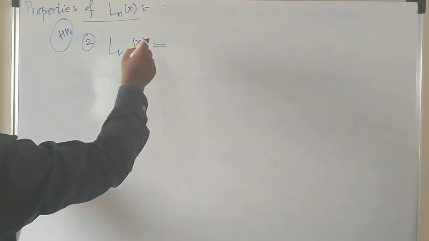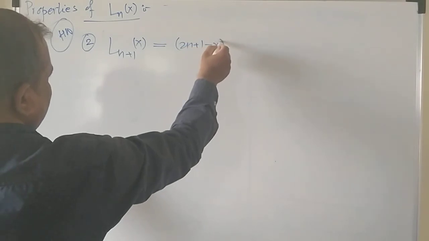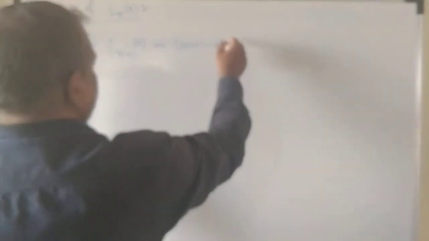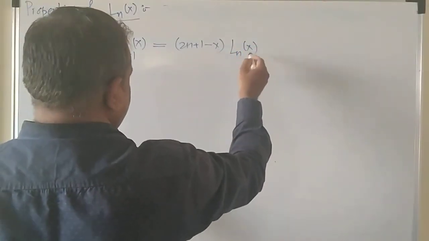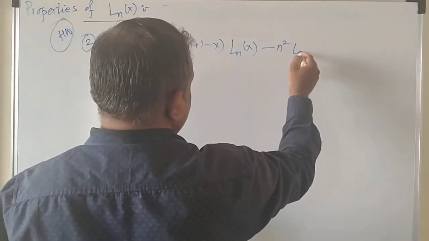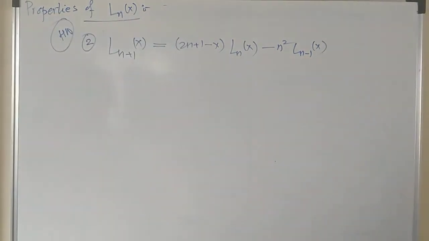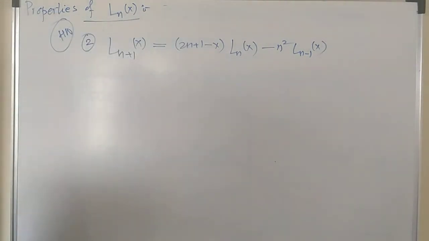Property number 2: L_{n+1}(x) is equal to (2n+1-x) L_n(x) minus n squared L_{n-1}(x). This is the property, and to prove this one, I think this is easier.